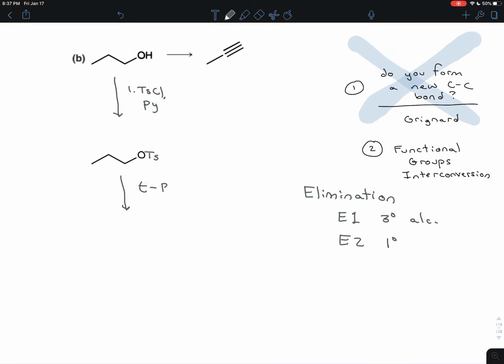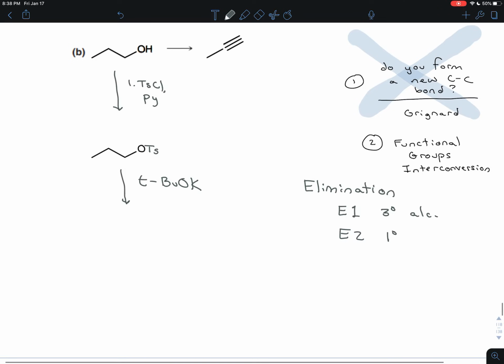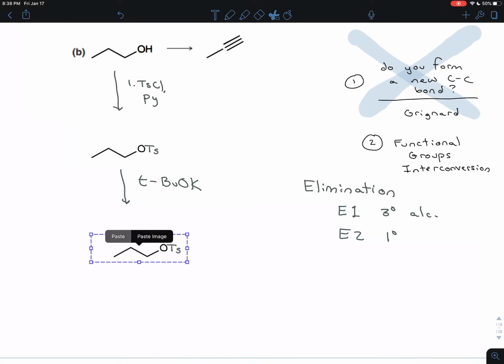So I like to use TBuOK if it doesn't matter, and you want to get the elimination reaction. So potassium tert-butoxide, that would do the elimination reaction. What you'd end up with there is kicking this leaving group off and forming the pi bond.